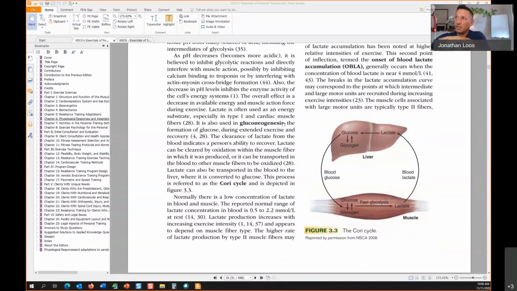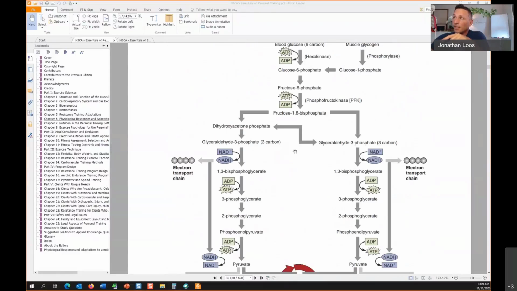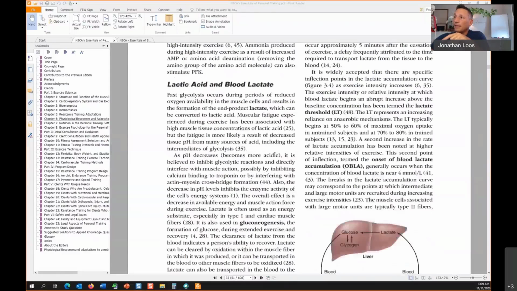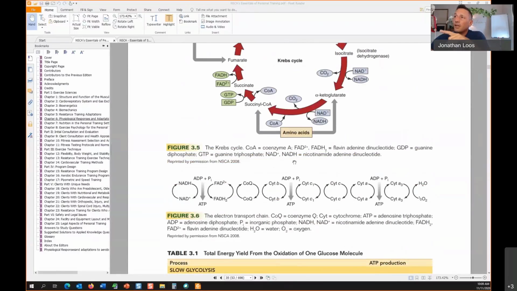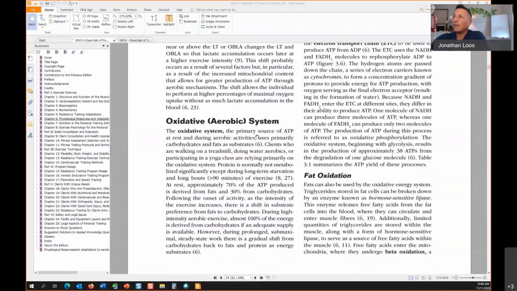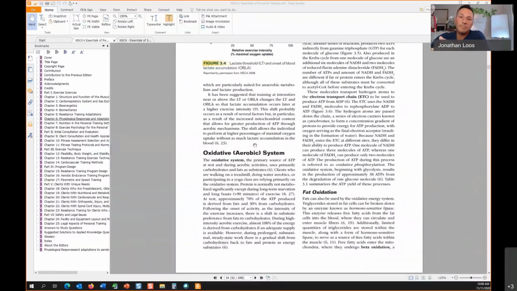What I would do if I was studying this particular unit is I would appreciate the different substrates that are used in the different systems. So if you're looking at the phosphagen system, understand that it's the fastest yielding energy system, but it's the lowest yielding. It uses creatine phosphate as its substrate, and it's used at the first intensity level of exercises that you can do for only about 8 to 10 seconds, right?